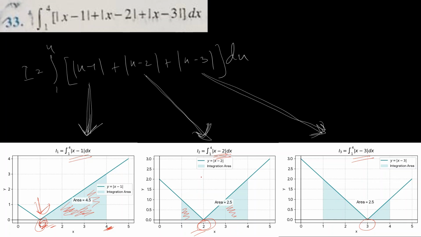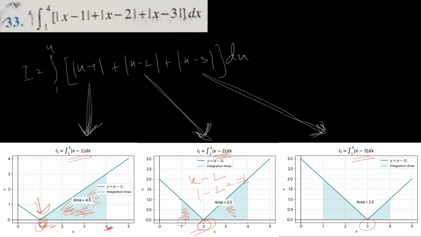Now you see, the function is x minus 2. If I give x value 1 here, what am I getting? I am getting minus 1. So at x value 1, I am getting a negative value.